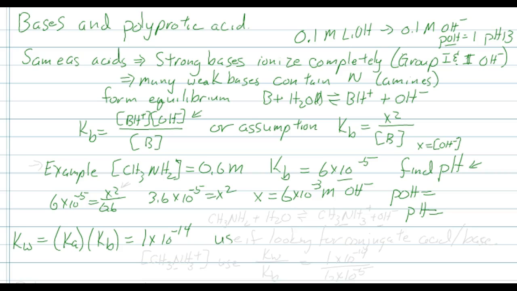So you use this if looking for the conjugate base, usually, sometimes acid. So if they give you the Ka, you'll need a Kb, or Kb, you'll need a Ka. This happens, especially next unit.